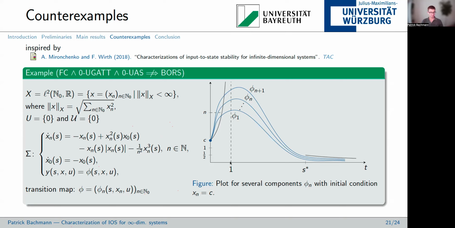Okay. So what do we have here? We have a forward complete system, and this is why the system is looking quite complicated, because we want a singularity, but we do not want the system to be not forward complete anymore. And basically we only have 0 input.